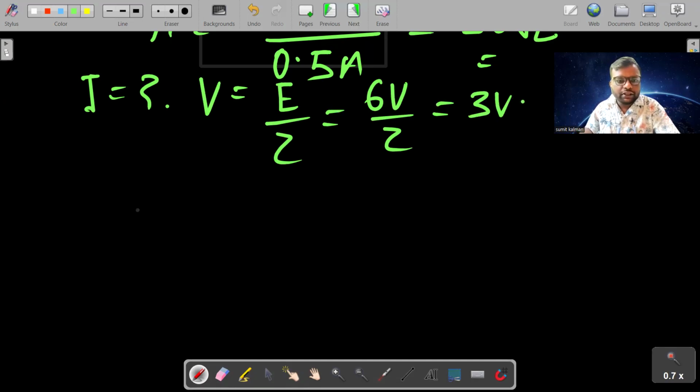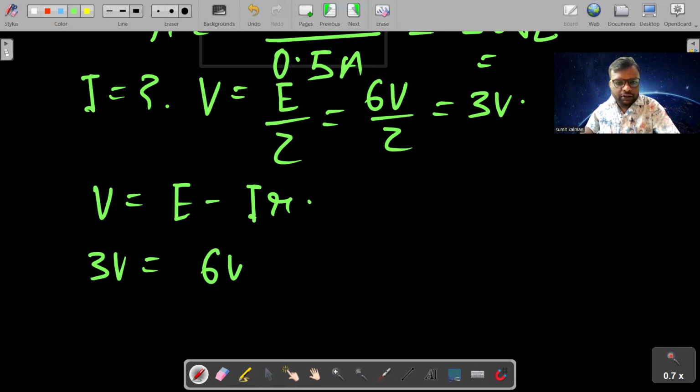So now students, V is equal to E minus Ir. So here terminal voltage is how much? Half of the EMF voltage, 3 volt, equals 6 volt minus, we have to calculate current. And what is the value of internal resistance? 3 ohm.